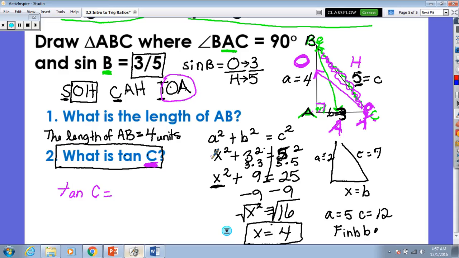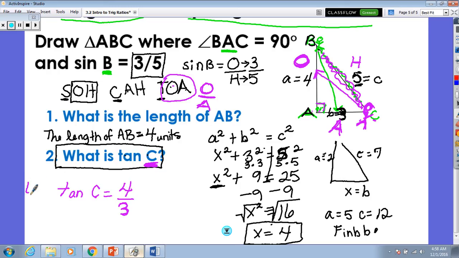So what number should go on the top and what number should go on the bottom if we're doing tangent, which is opposite over adjacent? Correct. 4 would go on the top and 3 would go on the bottom. And that is it. This will be the answer to that problem.